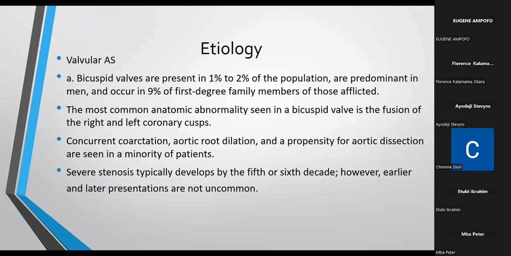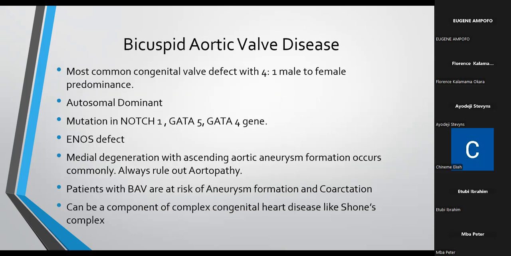You could have a concurrent coarctation, aortic root dilatation, and a propensity for aortic dissection, as seen in a minority of patients. Severe stenosis typically develops by the 5th and 6th decade of life. However, early and late presentation are not uncommon. The male to female ratio is 4:1.